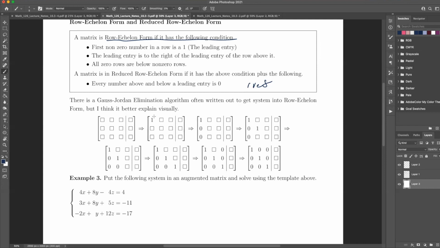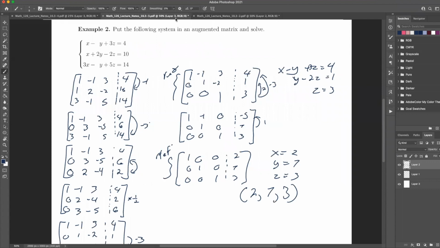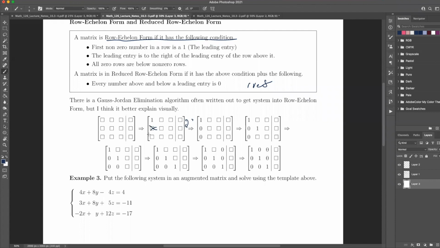You try to get a 1 in the first entry, and once you get the 1 there, you use this 1 and multiply by the negative of whatever this coefficient is. In this case it was minus the 1 and then minus the 3, and you just add those up. Then you get zeros here. Like I said, eliminate this one and then this one.